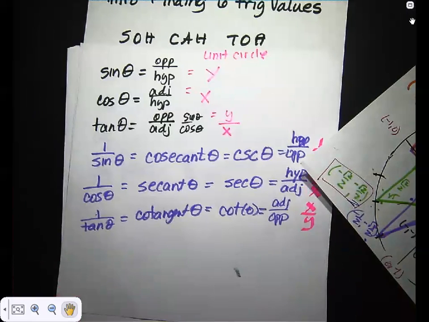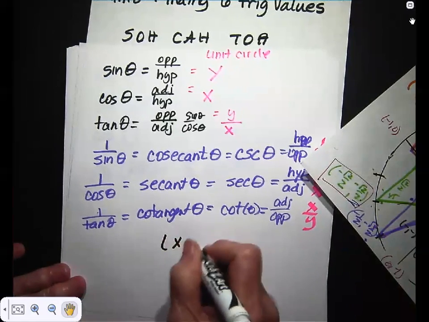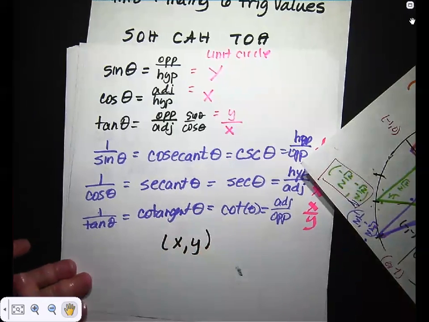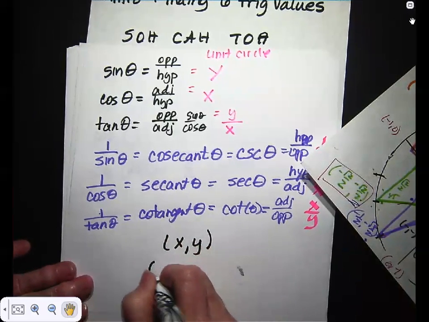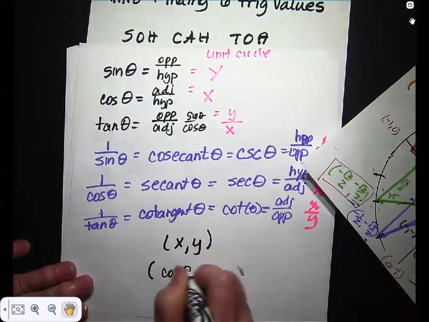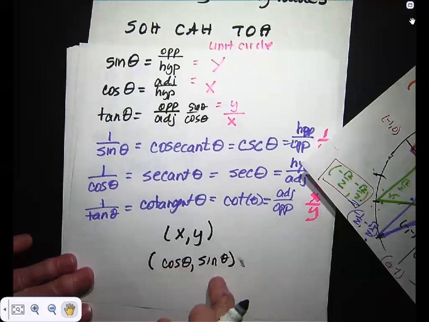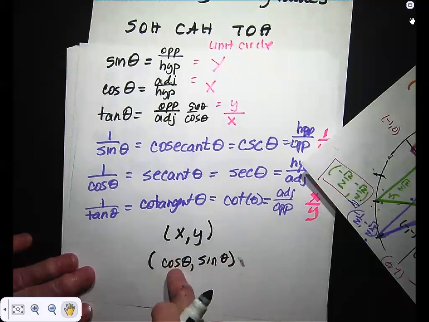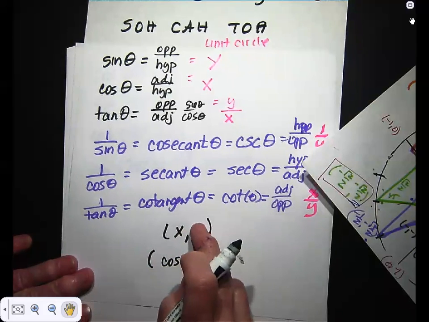When we read ordered pairs before, we read them as x comma y, alphabetical order. In the unit circle, it is cosine comma sine, which again is in alphabetical order. So cosine values go with the x, sine values go with the y.